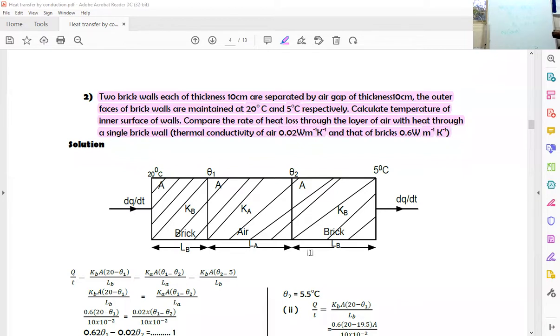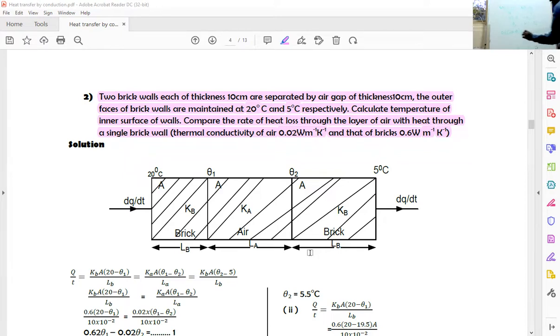The air gap is 10 centimeters, so you divide by 100, that is 0.1. This must be equal to Ka, the conductivity of air, 0.02, times the temperature gradient, which is theta 1 minus the value of theta 2, which is 25 minus theta 1. Then you multiply by the thickness of the brick, which is 10 centimeters, which is 0.1.